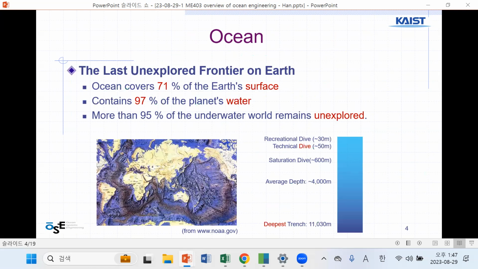All right, ocean, the unexplored frontier on Earth. The ocean covers 70% of the Earth's surface, and holds 97% of its water. And then there are many unexplored areas.